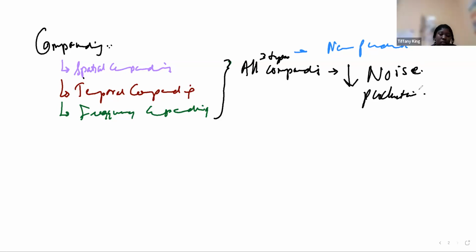So all three, whether it's temporal, spatial, or frequency compounding, what they do is reduce noise.